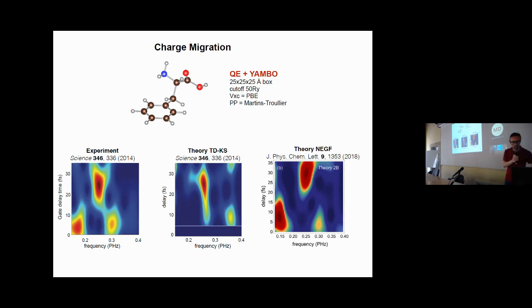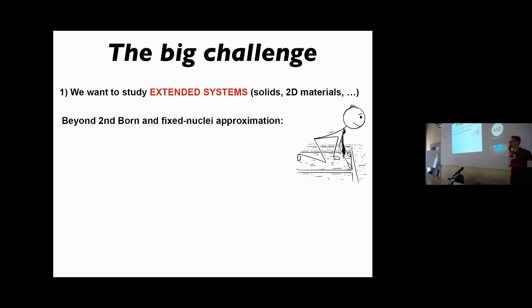Okay, we are very happy, but indeed not so much, because we want more. We don't want to study only molecules. We want to study extended systems, so solids, two-dimensional materials. And in these extended systems, you know that the second-Born self-energy, the second-order self-energy, is not enough. It is also not enough to consider the nuclei fixed, because there is the important electron-phonon coupling.